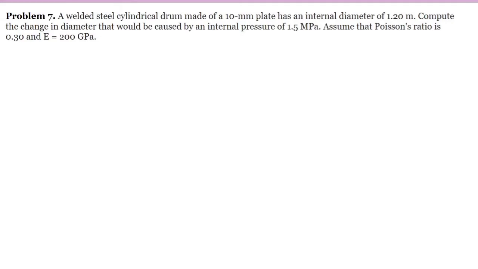Problem number 7. A welded steel cylindrical drum made of 10 mm plate has an internal diameter of 1.2 meters. Compute the change in diameter that would be caused by an internal pressure of 1.5 megapascal. Assume that the Poisson's ratio is 0.3 and the modulus of elasticity is 200 gigapascal.